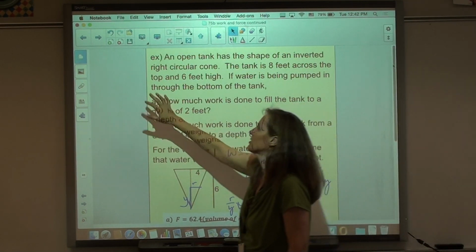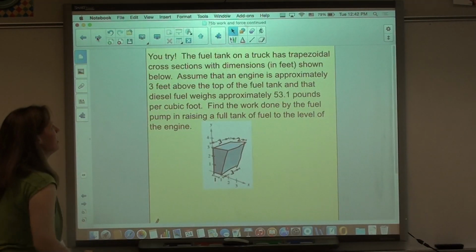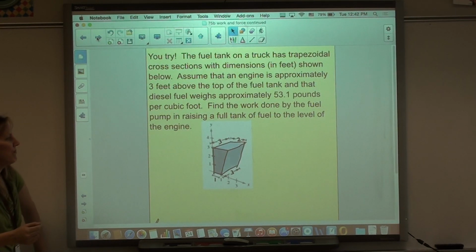All right, the next one's really fun. I'm going to walk you through it slowly. The fuel tank on a truck has a trapezoidal cross section with dimensions in feet shown below. Assume that the engine on the truck is approximately 3 feet above the top of the fuel tank, and that diesel fuel weighs about 53.1 pounds per cubic foot.